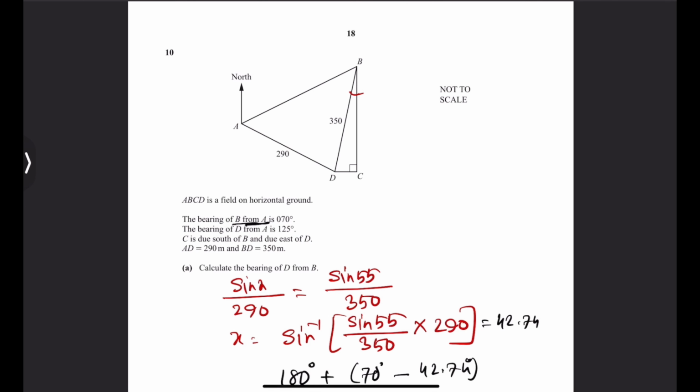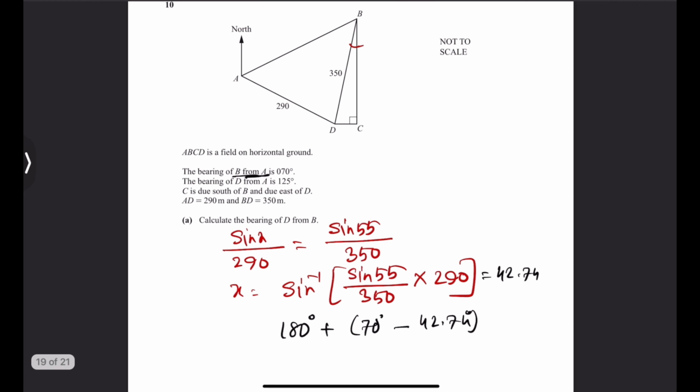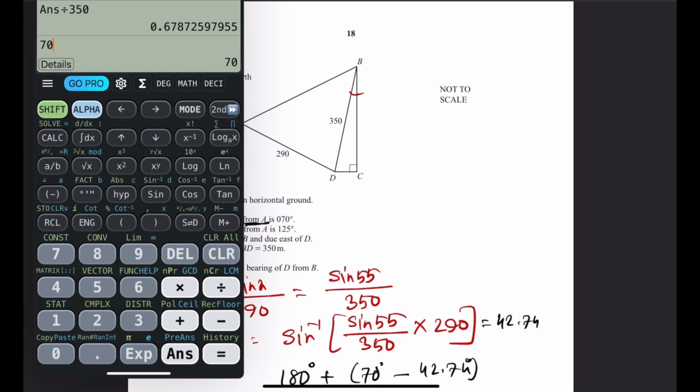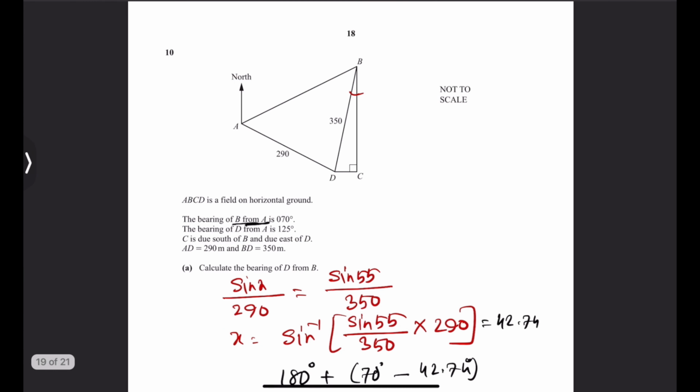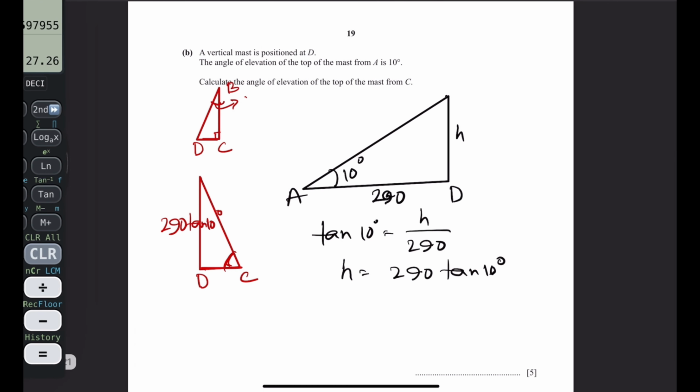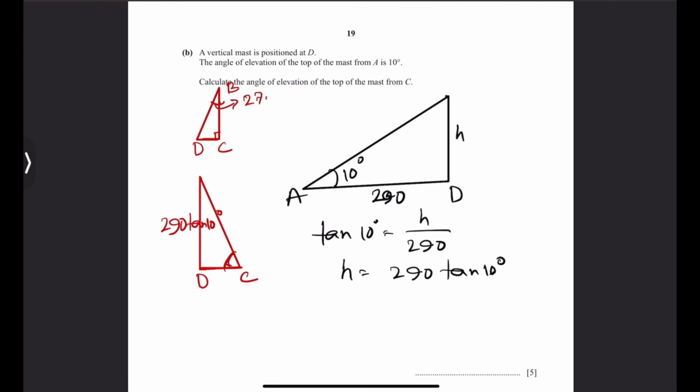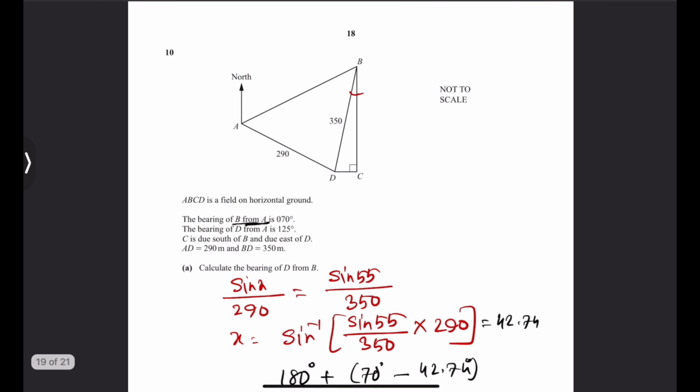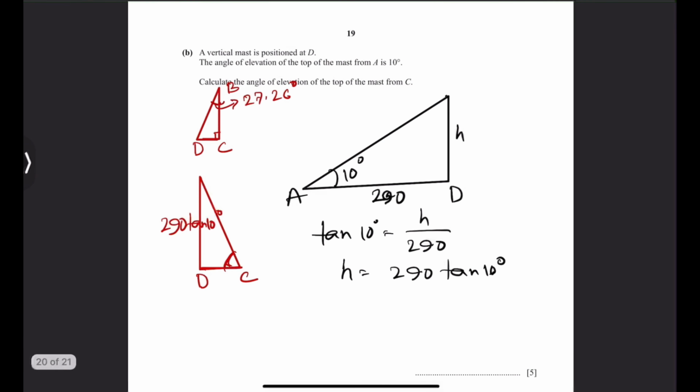This is 70 minus 42.74 degree, so 27.26 degree, and this side is 350.